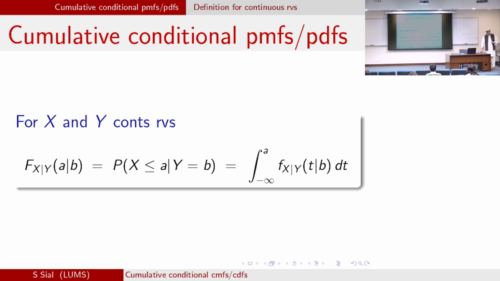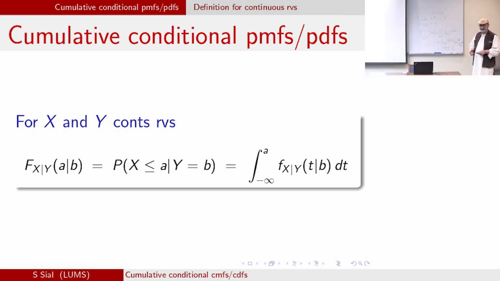Now, in that case, we had 2 discrete random variables, so they had a conditional PMF and a cumulative conditional PMF. Now, if you've got continuous x and continuous y, each one has its own PDF, right?